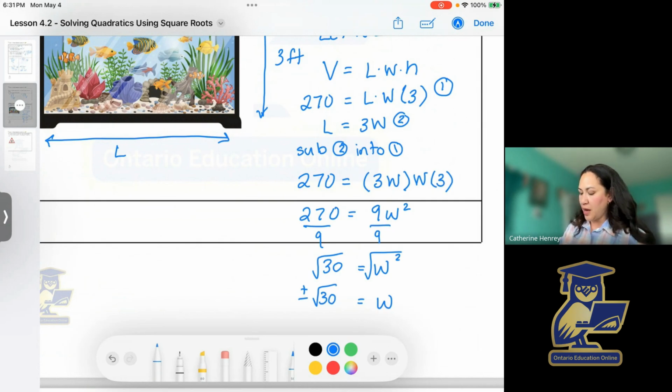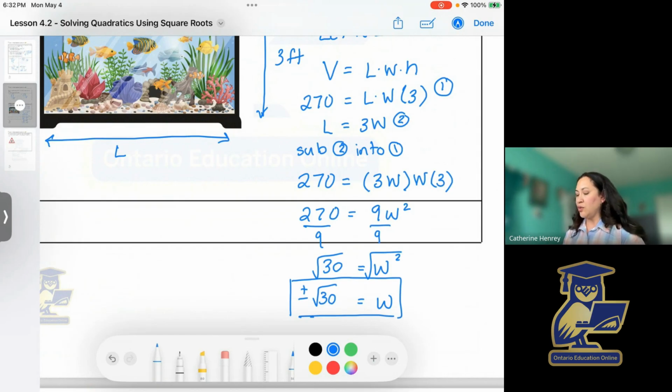So now that is my width, but let's consider the options here. We have the width that could be negative root 30 and the other width that could be positive root 30. And since we're talking about a real life situation with a touch tank, we can't have a negative width. So really all we're going to work with is the positive root 30 as the width.